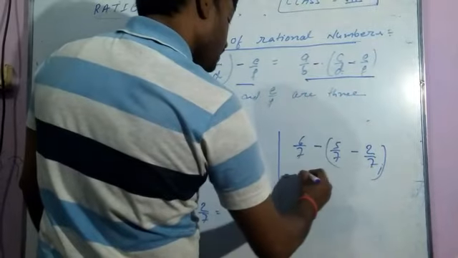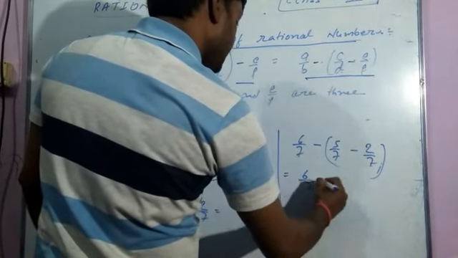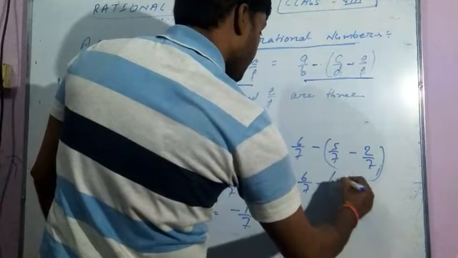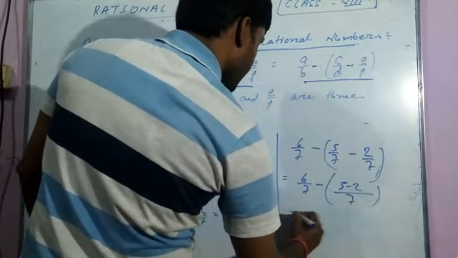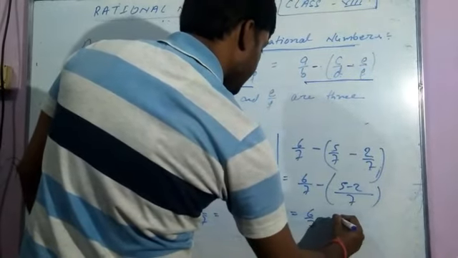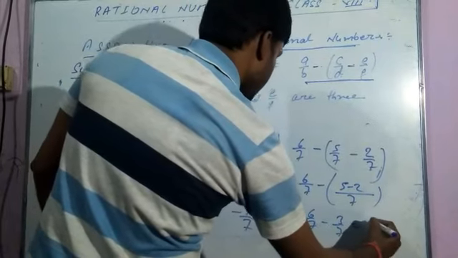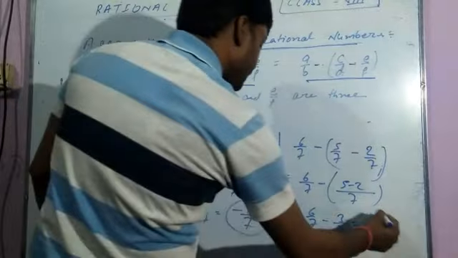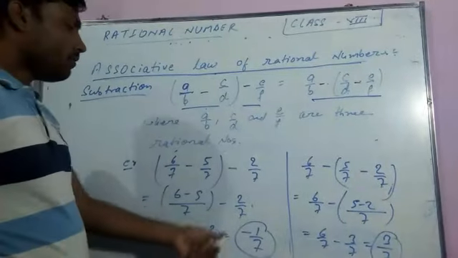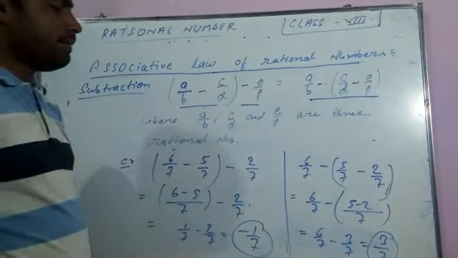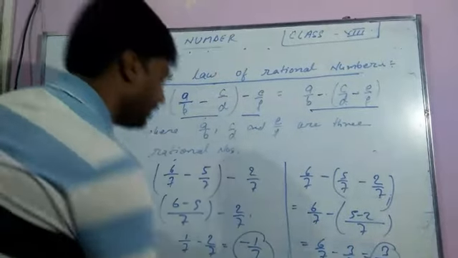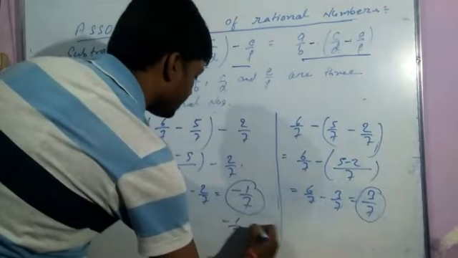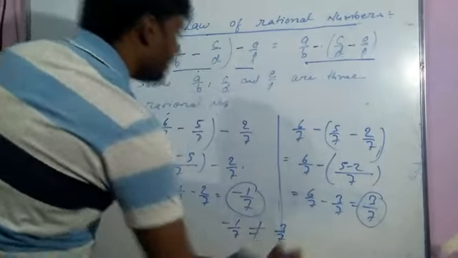Now solve 6/7 minus (5 − 2). 6/7 minus 3/7 equal to 3/7. It means that on one side we get minus 1/7, on the second side we get 3/7. −1/7 is not equal to 3/7.